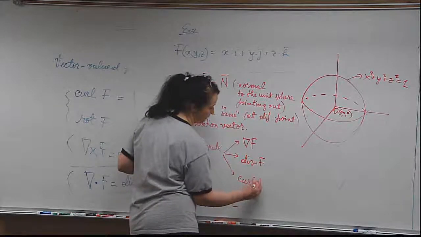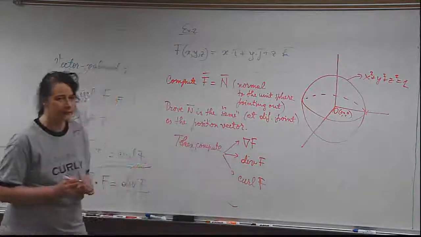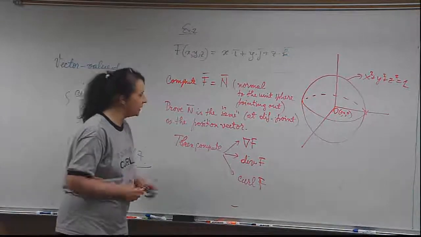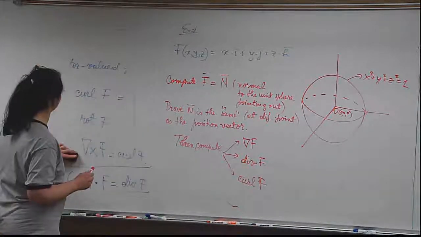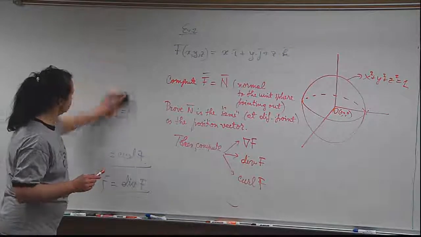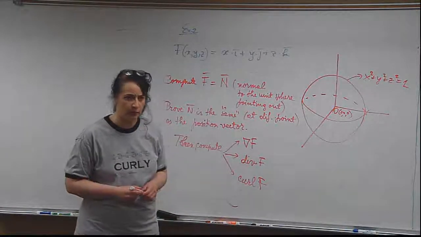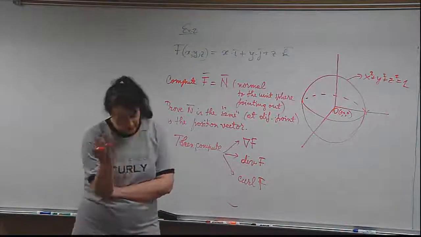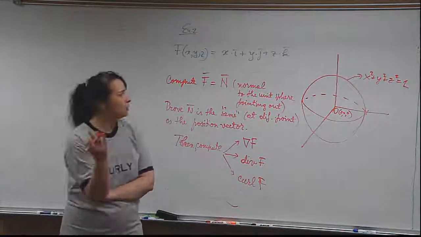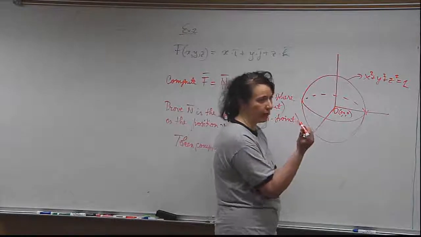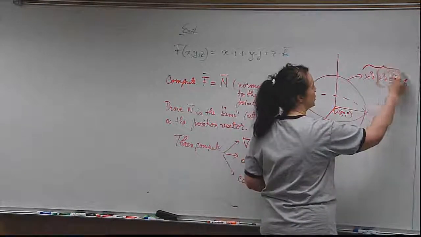Now that should be a piece of cake. But what is not so much of a piece of cake, if you don't understand what the problem wants from you, is to actually get the expression of this normal. So you're going to say, what is the normal to a function like that? We just talked today about it.